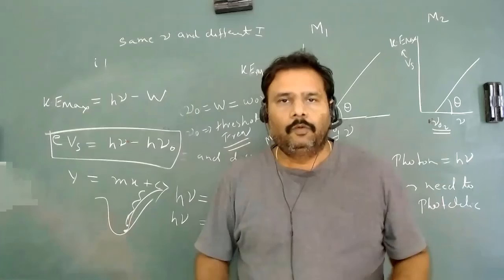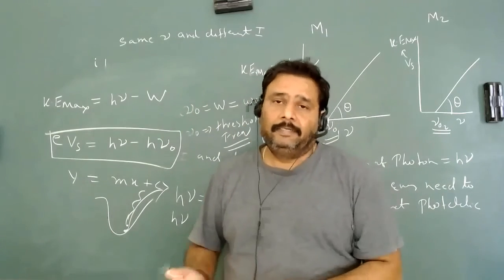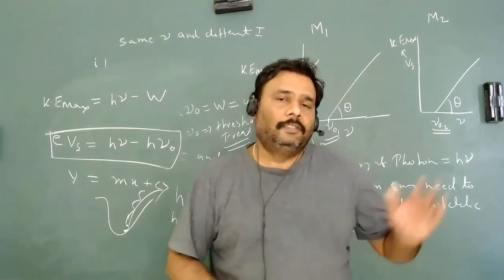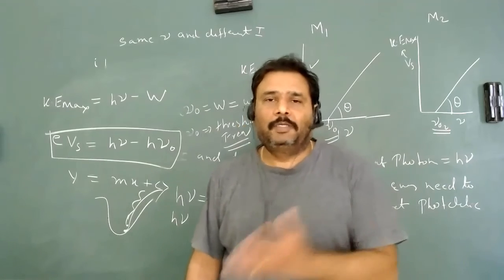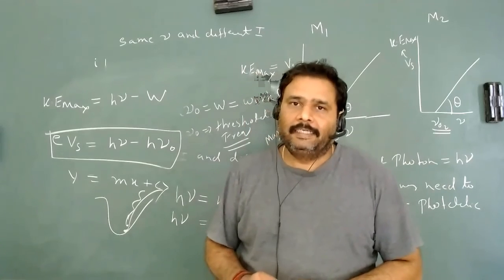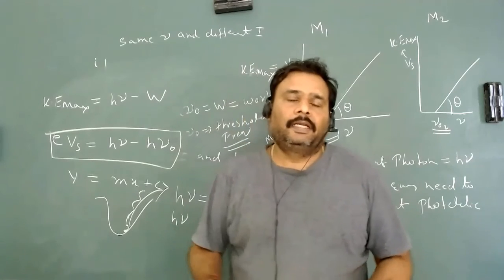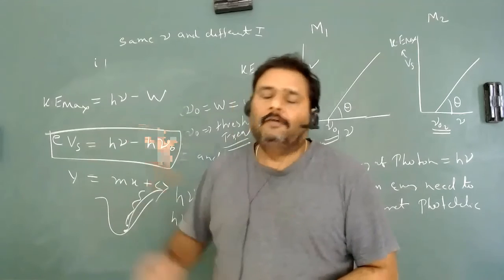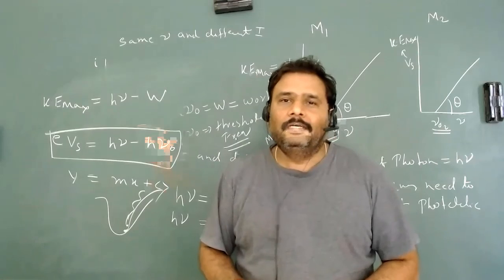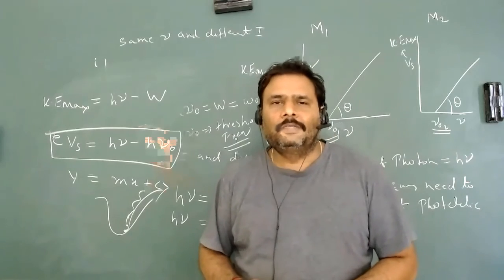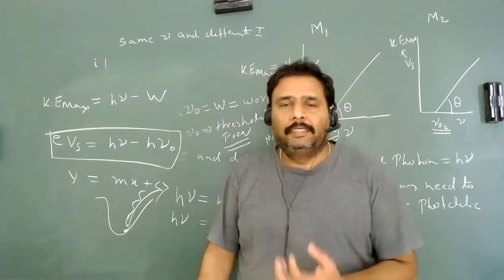This whole concept is easily explained by Einstein, but the real credit for the experiment goes to Hertz, who did it. The explanation was given by Einstein, and Einstein got the Nobel Prize for the explanation of the photoelectric effect. The whole experimental setup was done by Hertz, but the credit for the explanation goes to Einstein.